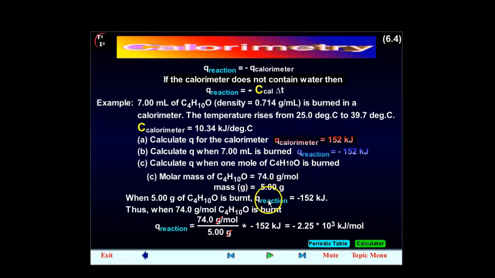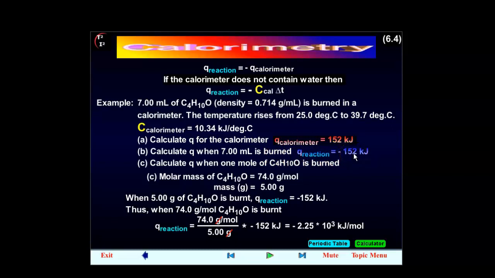All right, here you can see that the answer to B is what we're using here. You got negative 152 when 7 mole of that substance is burned equals this heat.